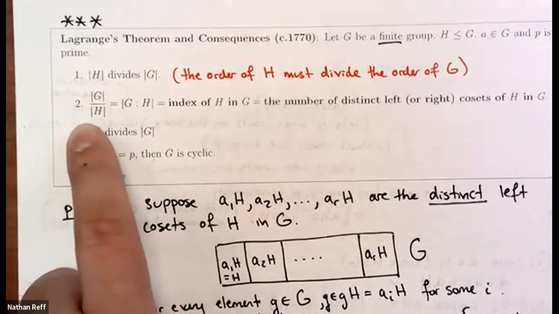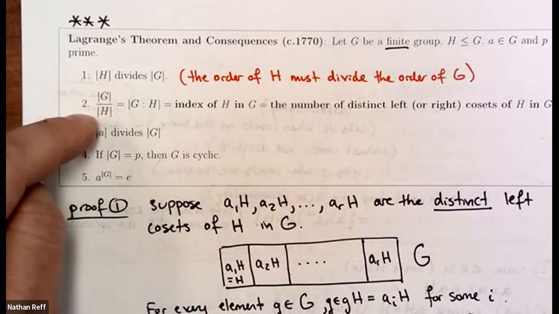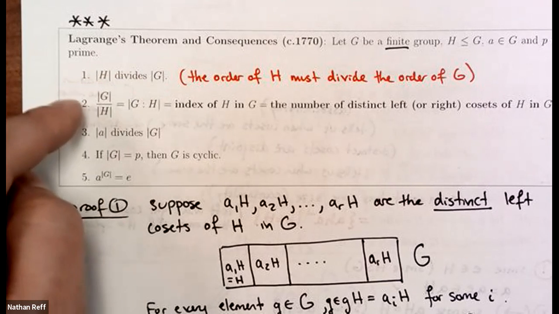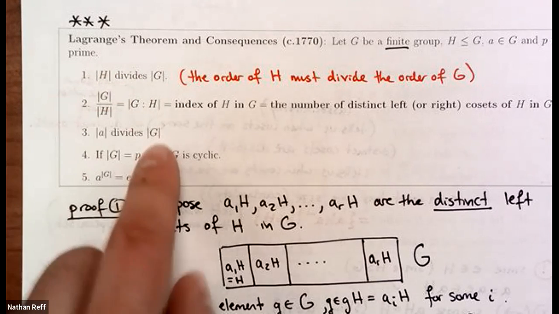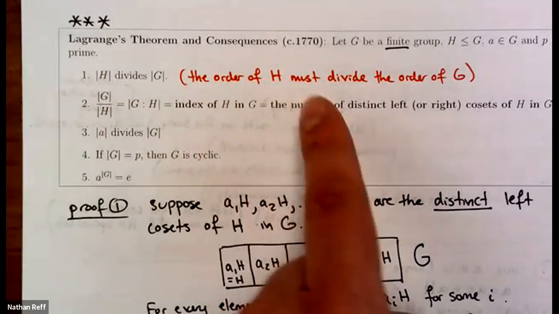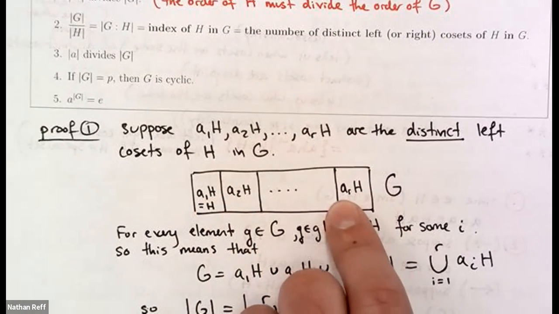So 2 here is just saying if you compute the order of G over the order of H, which we now know must be an integer because the order of H must divide this, we call that the index. What would that represent? This would represent the number of distinct cosets that you have. Because you remember the way we broke this up, we said that there are R of these slices.